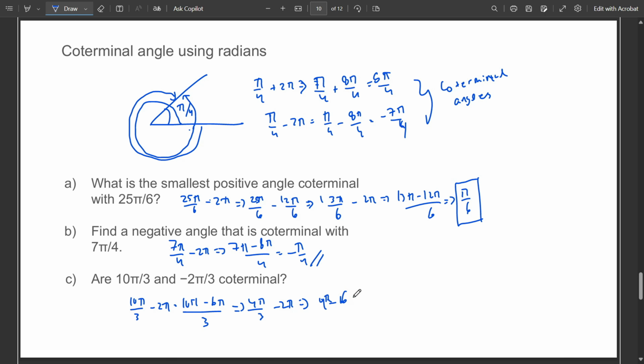We have negative 2 pi over 3. Oh, look, it's the same. So it's coterminal. Let us check with the negative 2 pi over 3. When we add 2 pi, which is 6 pi over 3, we have 4 pi over 3. Add 2 pi again, we would have 10 pi over 3. So it checks out. These two are coterminal.